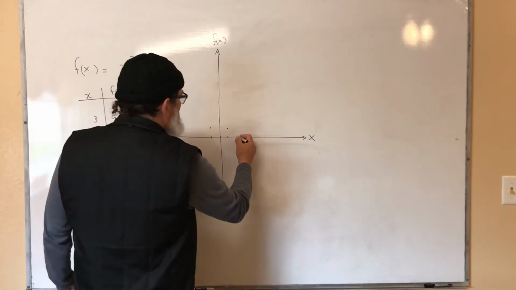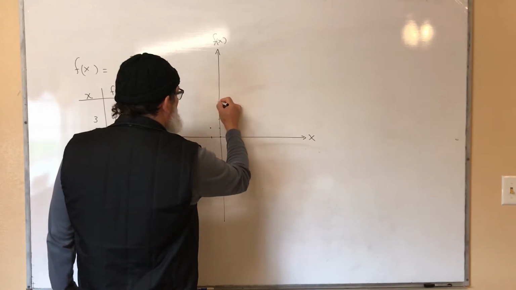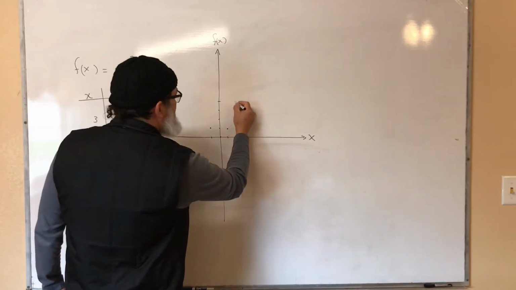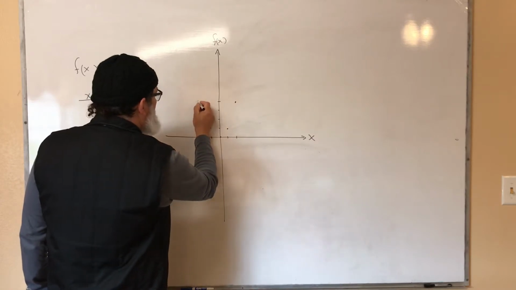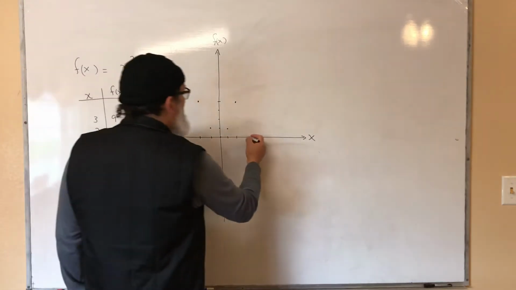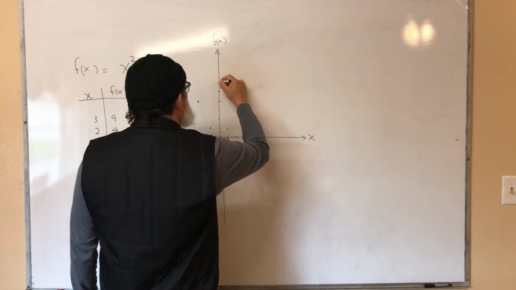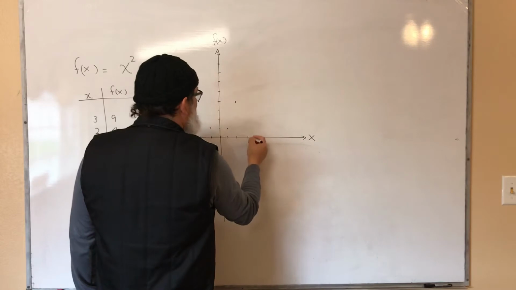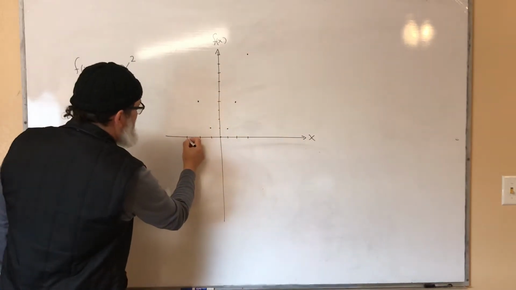When x is 2, we get 4. When x is negative 2, we also get 4. When x is 3, we get 9. When x is negative 3, we also get 9.